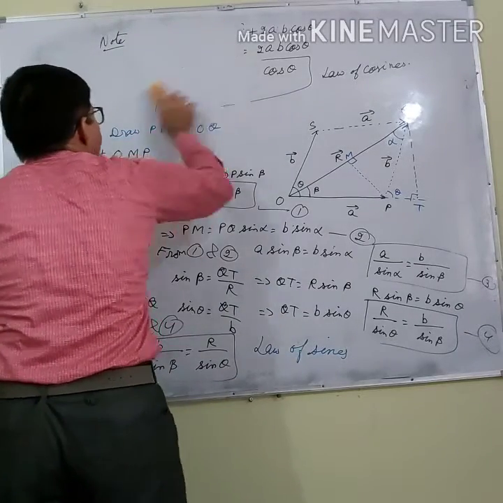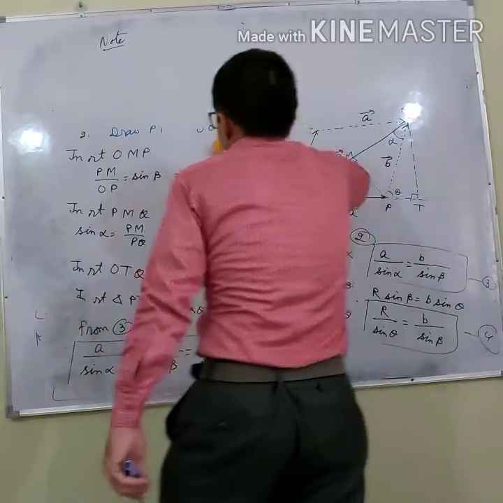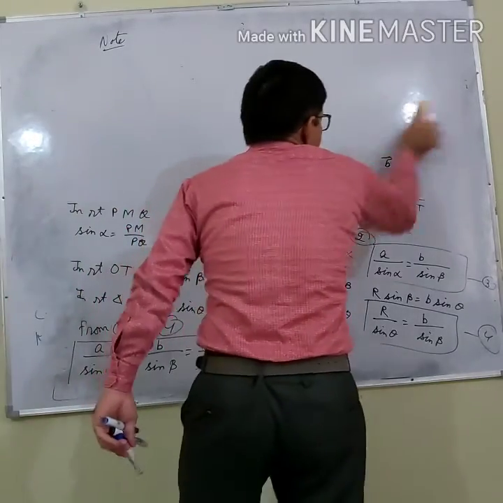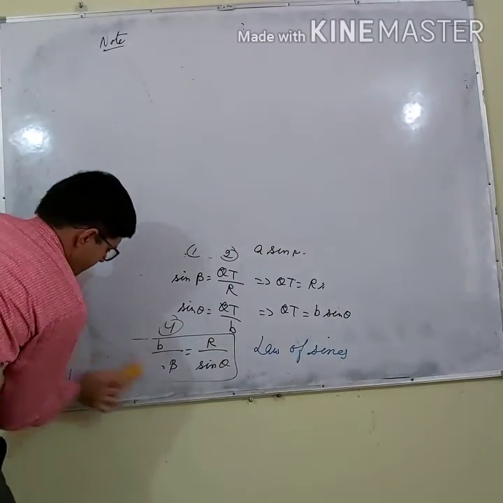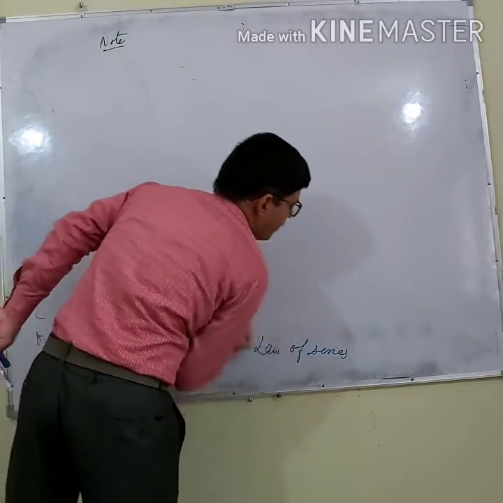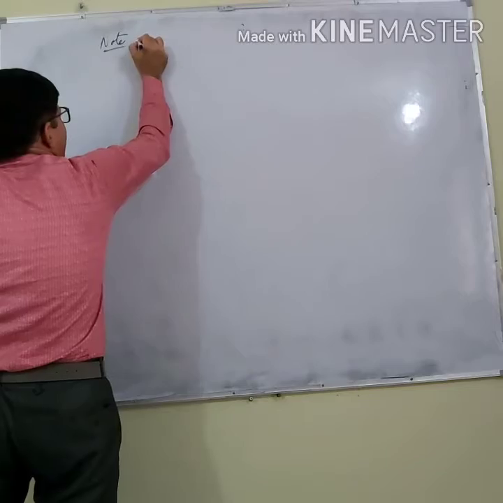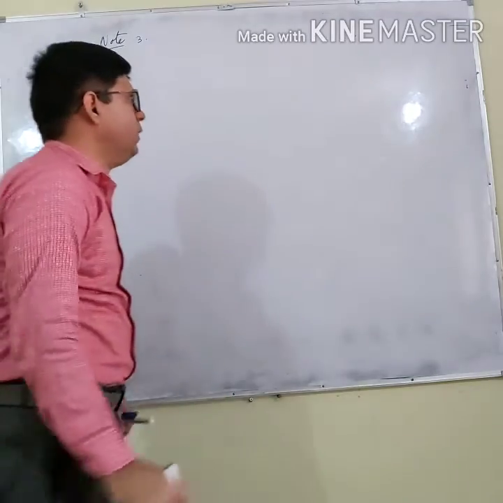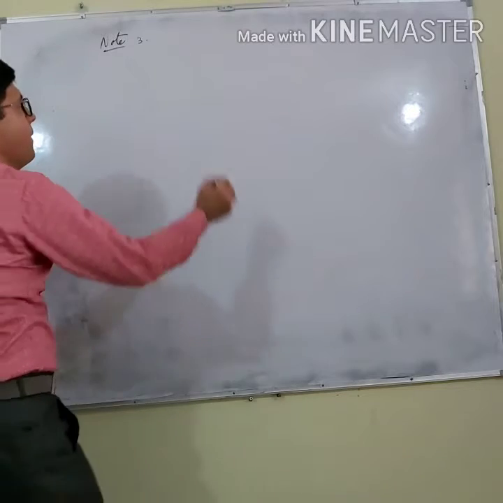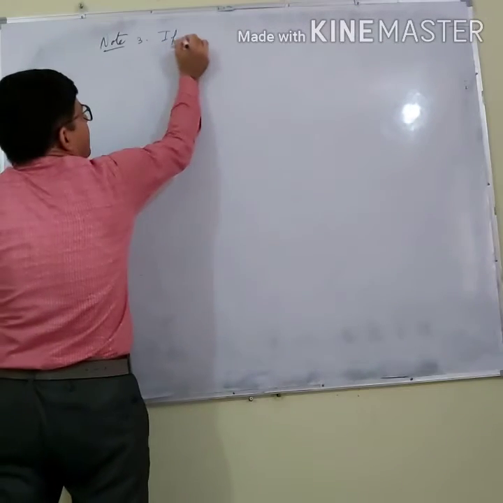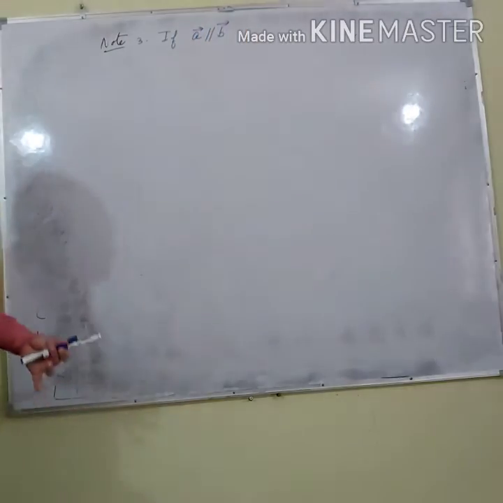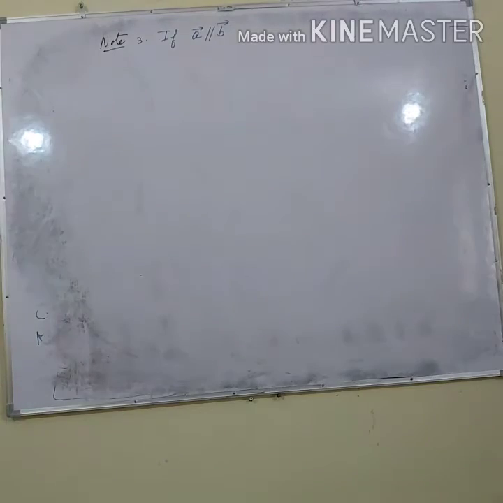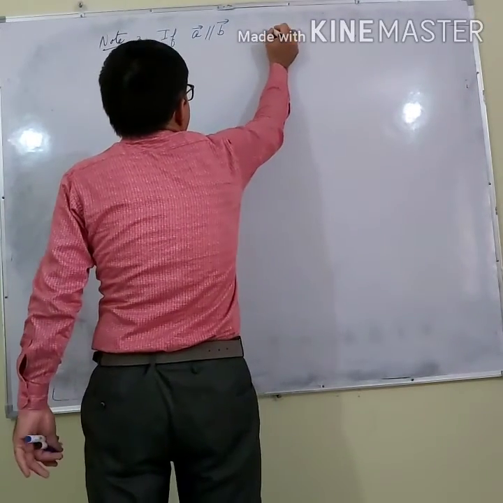Now, the third point: if vector A is parallel to vector B, that is, A and B are in the same direction, what does it mean?